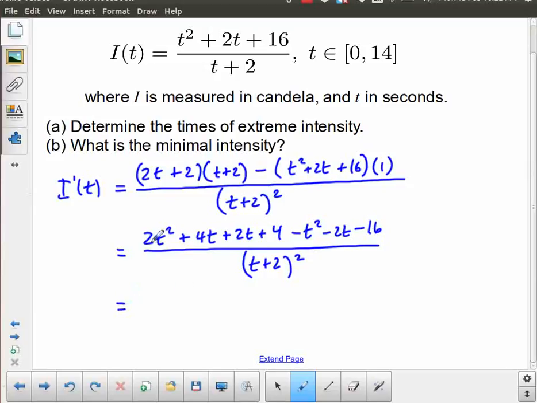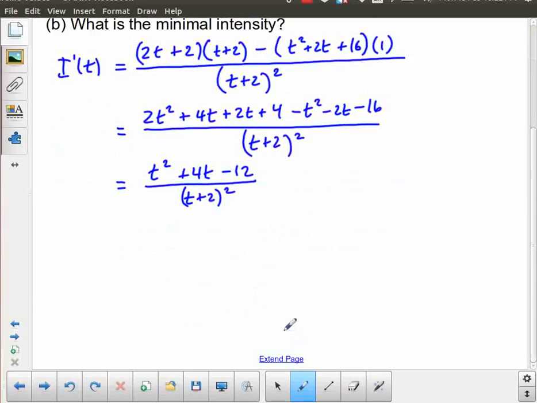And I take a look, 2t squared minus t squared leaves me a t squared. 4t plus 2t is 6t, minus 2t is plus 4t. Plus 4 minus 16 is minus 12, divided by t plus 2, all squared. And as I did in the previous question, since I know I'm going to be solving for this, I'm going to want to factor, and also maybe just check whether or not anything divides out.